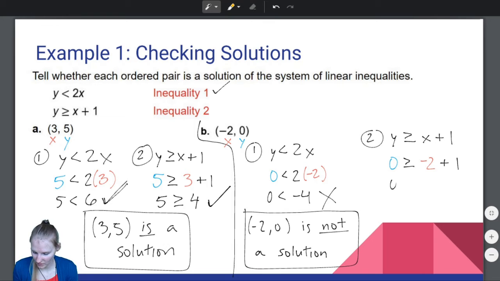So 0 is greater than or equal to -2 plus 1, which is -1. Is 0 greater than -1? Yes. So this point works for inequality number 2, but because it doesn't work for inequality number 1, it's not a solution.